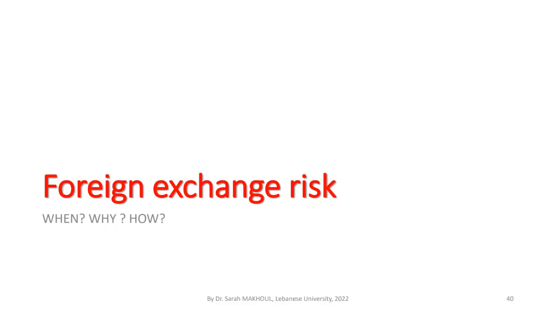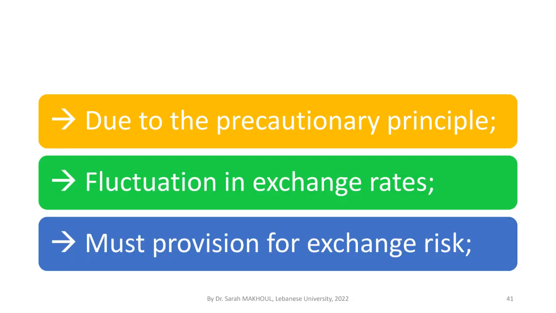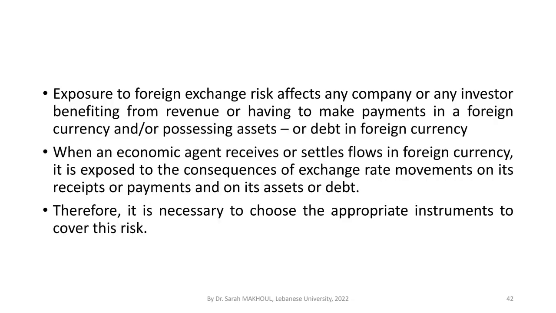So when it comes to foreign exchange rate risk, you need to know when we have exchange risk, why, and how to manage such risk when it occurs. The risk is due to the precautionary principle. It is due to fluctuation or volatility in exchange rates, and we must make provisions for any exchange risk that may occur in any situation.